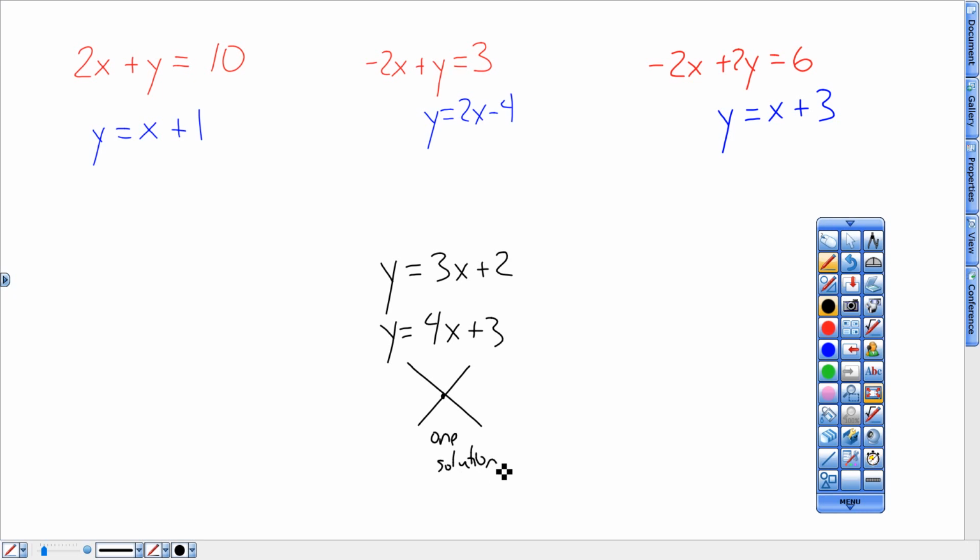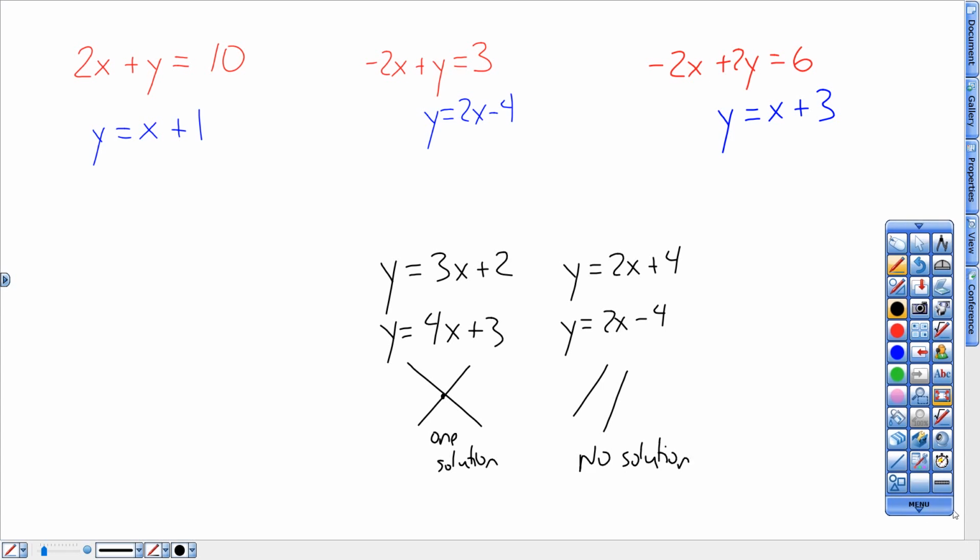If I have a set of equations with the same slope, but a different y-intercept, like this one, that is a no solution. Parallel lines, they would never meet. No solution. Same slope, different y-intercepts.